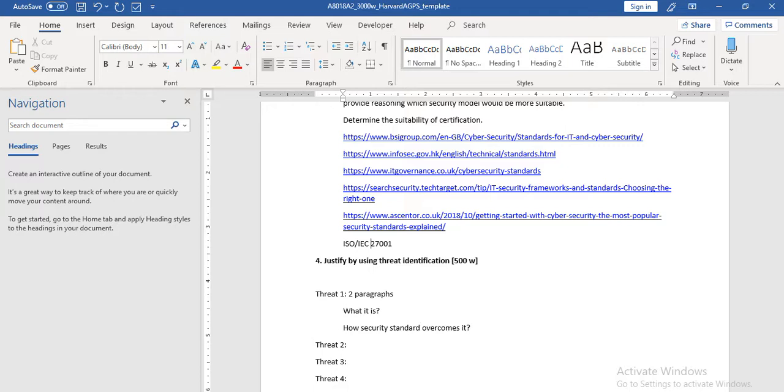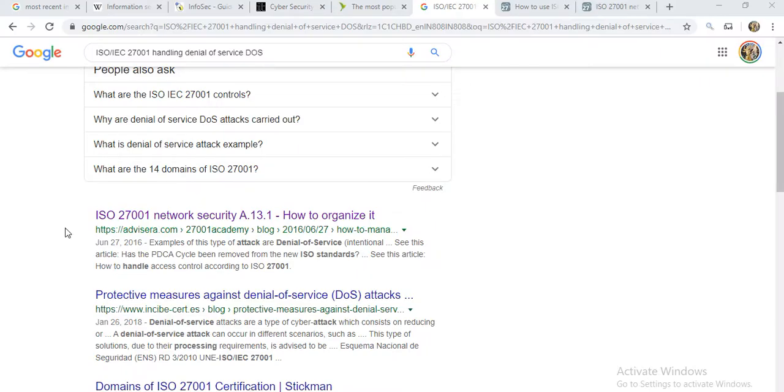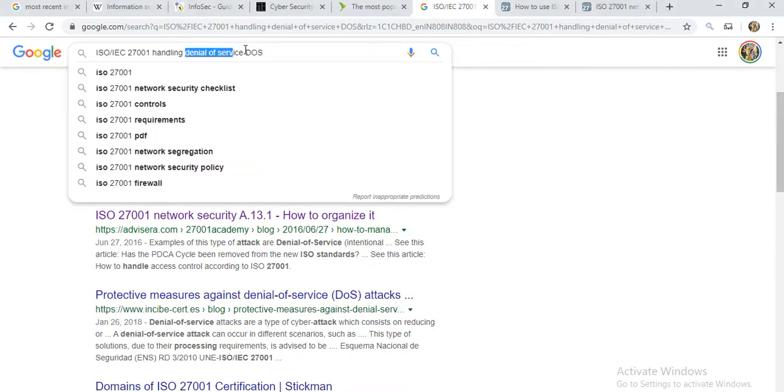Now, how to research ISO/IEC 27001 and denial of service attack? I will show you that. This is the keyword I used: ISO IEC 27001 handling denial of service attack, or DDoS attack. You can call it DDoS also.